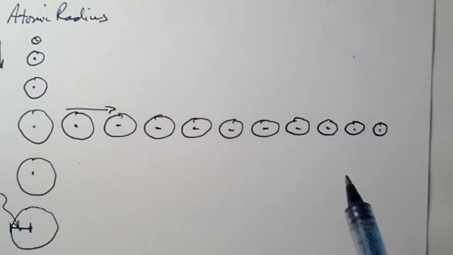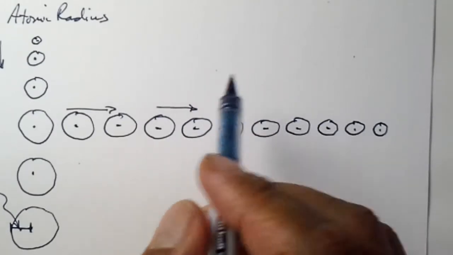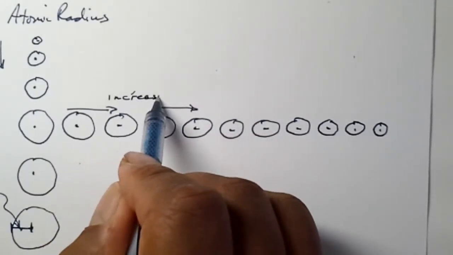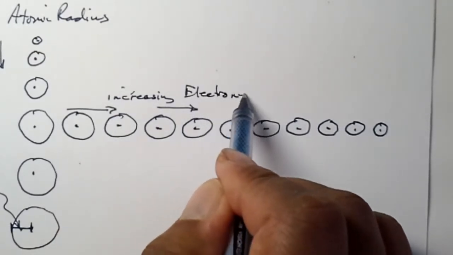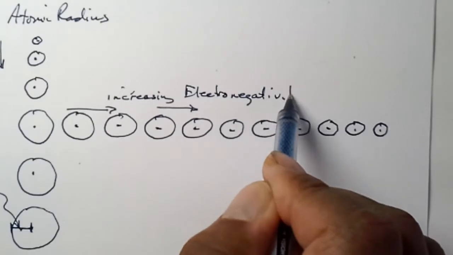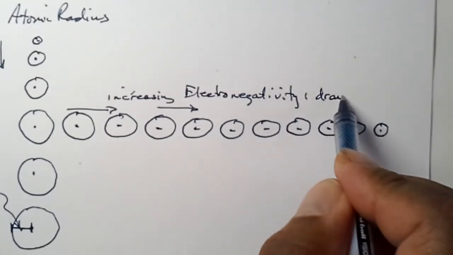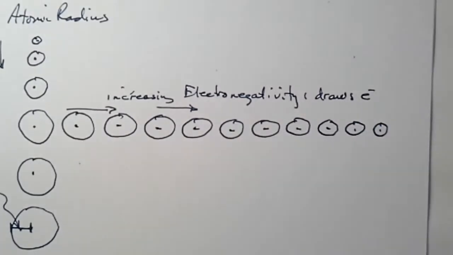Now why is that? Well, what's happening in this direction is that you're increasing electronegativity, which we define as drawing electrons.